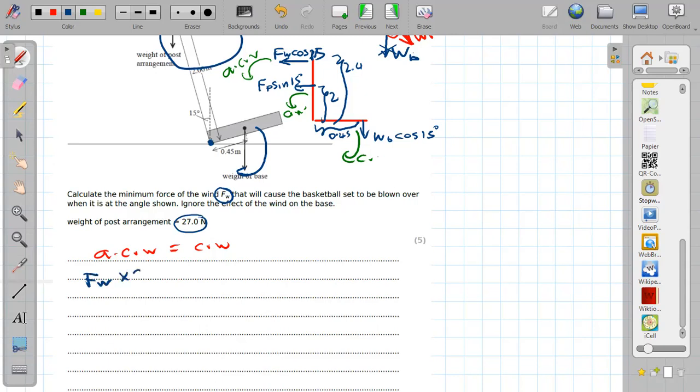FW times cos 15 times 2.4 plus WP sine 15 times 2 equals the clockwise one. What is the W base we just found? 868, yeah, 868 times 0.45. Got it? Now subject this one and get the answer.